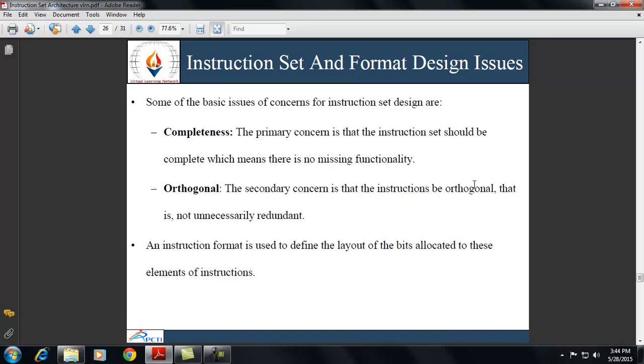The second concern is that the instructions should be orthogonal, that is, no unnecessary redundancy should be there. For example, integer operation and floating number operation usually are not considered redundant, but different addressing modes may be redundant when there are more instructions than necessary, because the computer takes longer to decode.